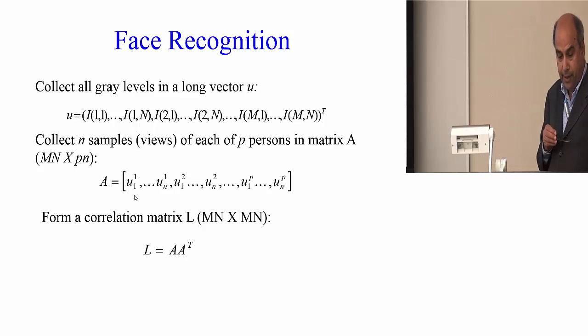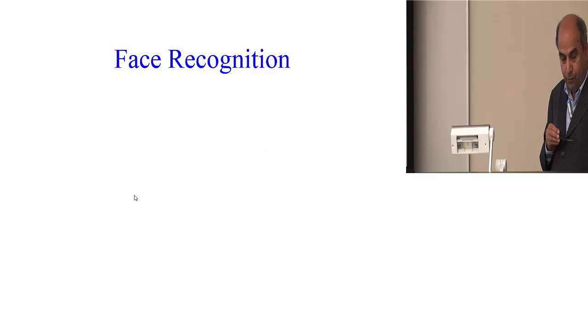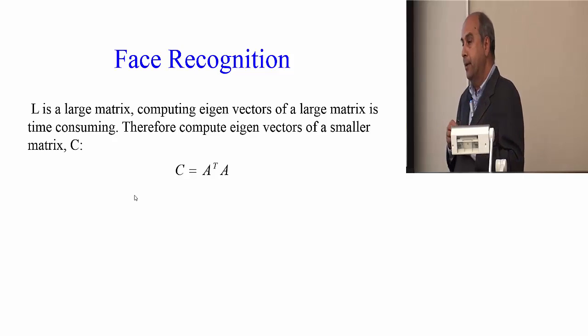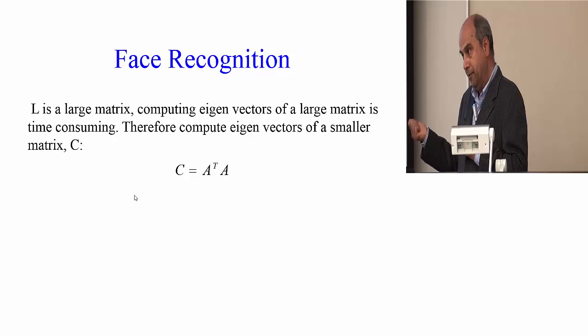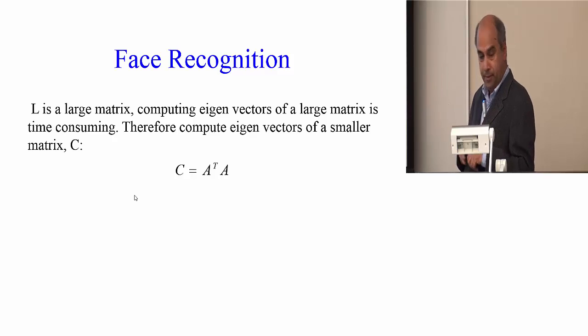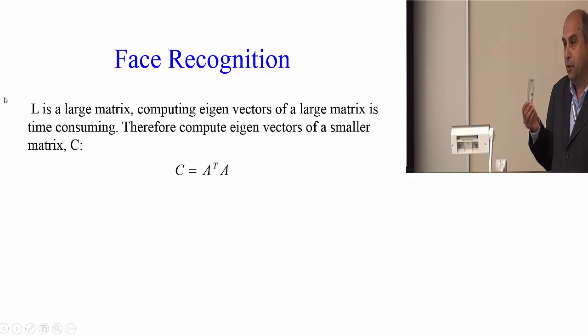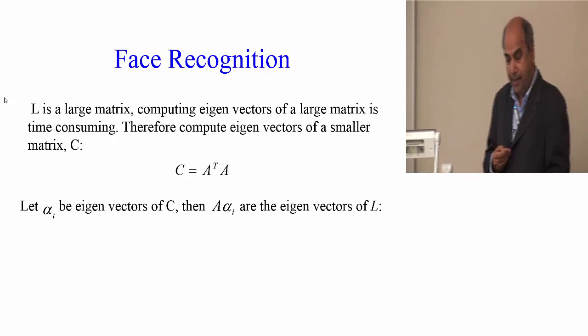So instead of that, what we are going to do is make a C matrix, which will be A transpose A, and instead of 250,000 by 250,000, it will be 1,000 by 1,000 because of the transpose. Okay? So now we'll find the eigenvectors of the C matrix. The interesting thing is, if you know the eigenvectors of the C matrix, we can find the eigenvectors of the L matrix from that, and that's simple.